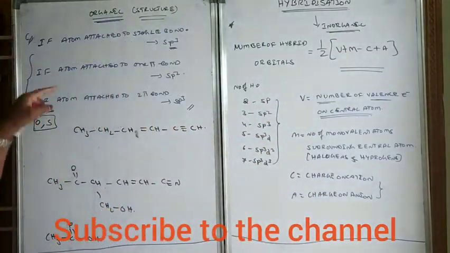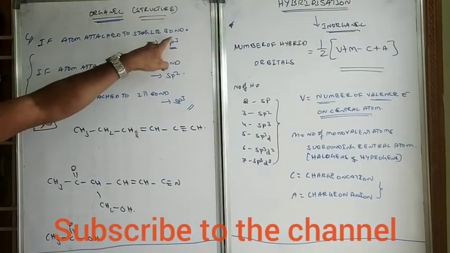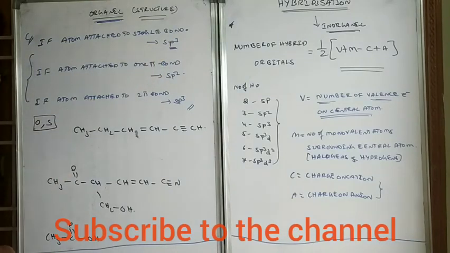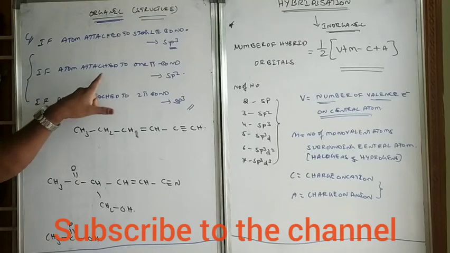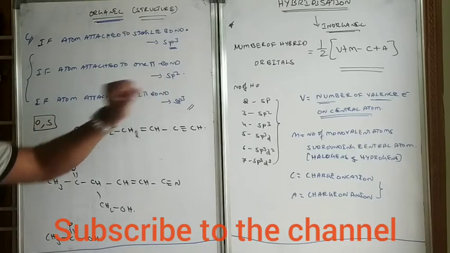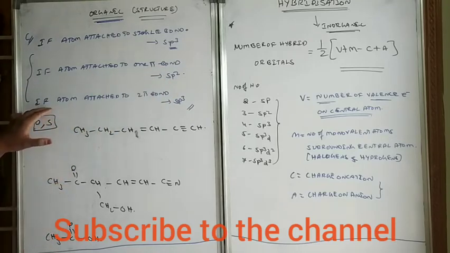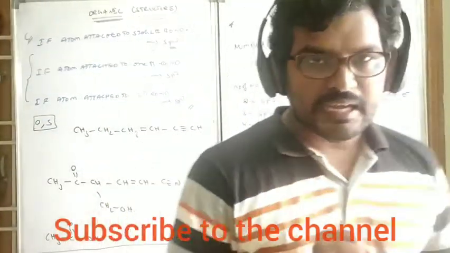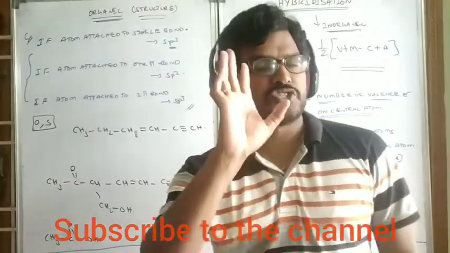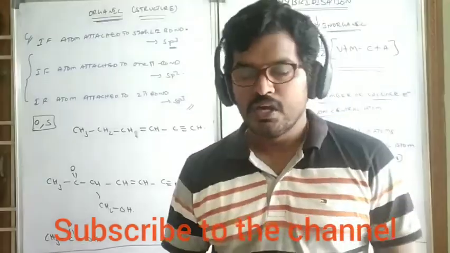As this principle says, if an atom is attached through single bonds, it is sp3 hybridization. If the atom is attached to 1 pi bond, it is sp2 hybridization. If the atom is attached to 2 pi bonds, it will be sp hybridization. You know very well how to write the structures of organic compounds also. Let us get into the details.